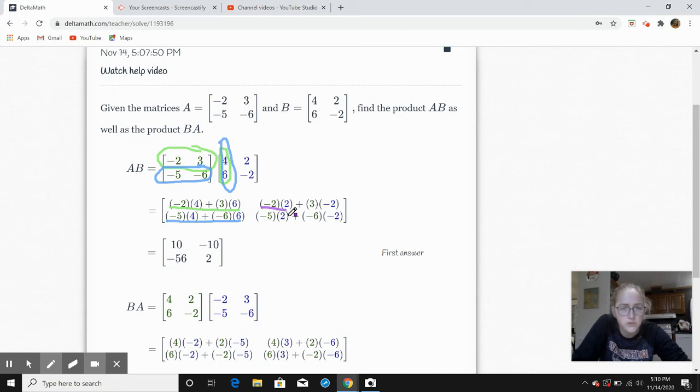For this one over here, that's in our first row and our second column. And then lastly, for right down here, that's in our second row and our second column.